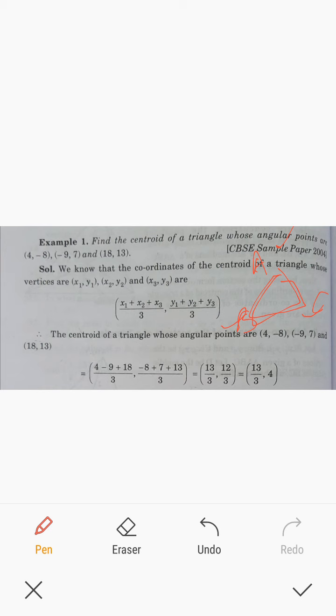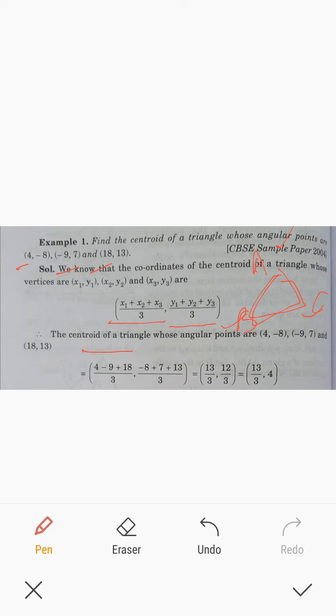We know that the coordinates of the centroid of a triangle whose vertices are (x1, y1), (x2, y2) and (x3, y3) are ((x1 plus x2 plus x3) by 3, (y1 plus y2 plus y3) by 3). In this case, x1 is 4, x2 is minus 9 and x3 is 18, so (4 plus minus 9 plus 18) by 3.